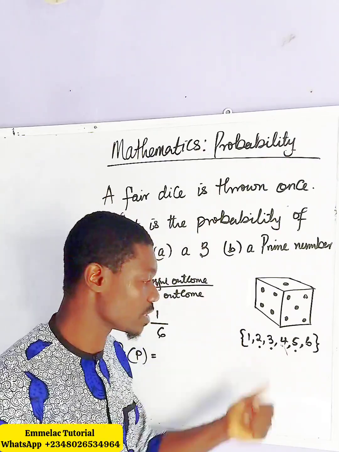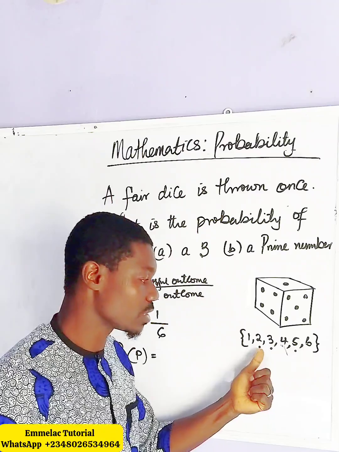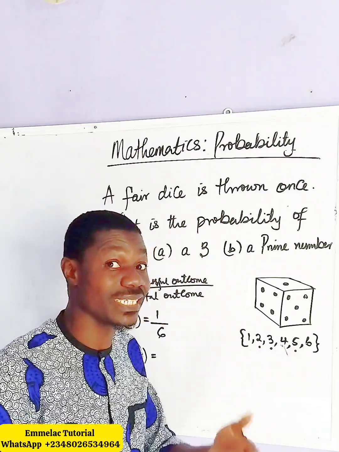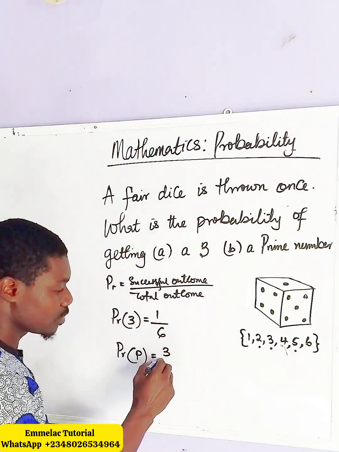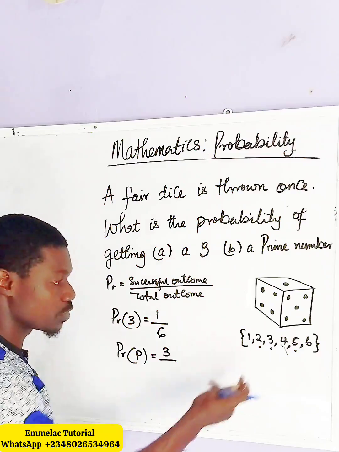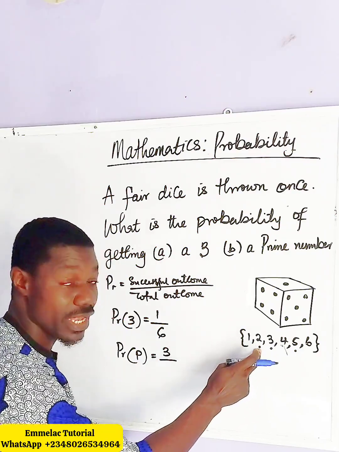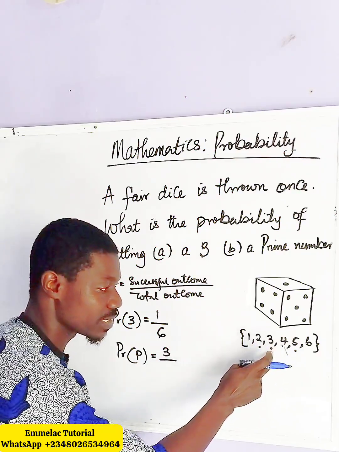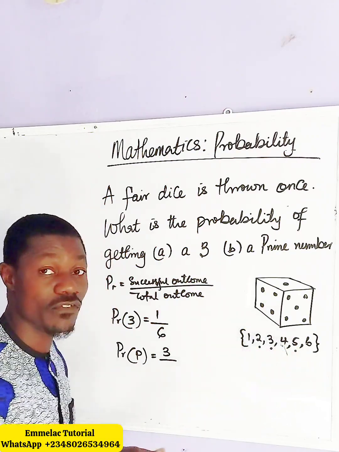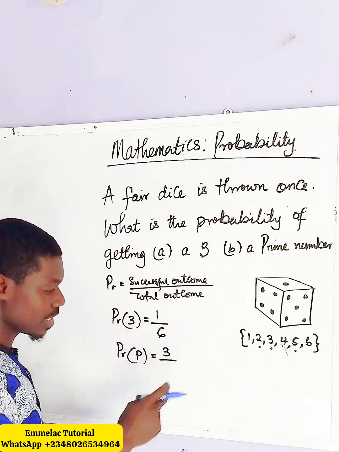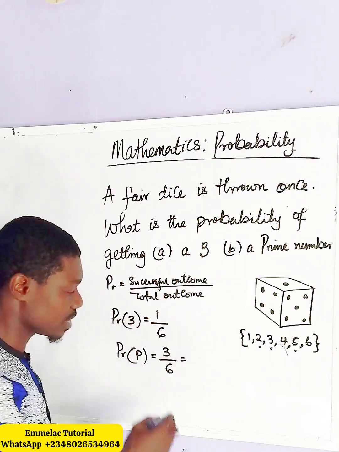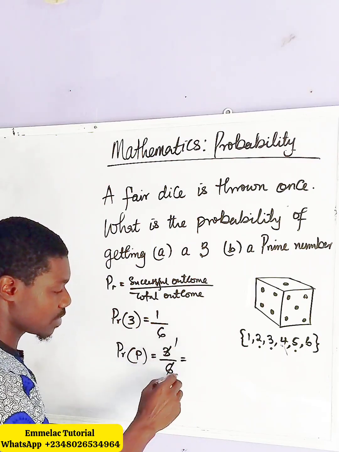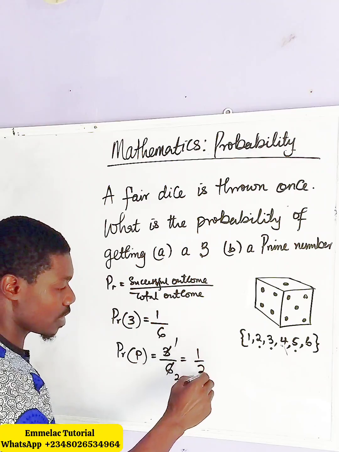It is 3, out of the total. The successful outcome is 3, then the total outcome is 6. Simplifying this, 3 goes into 3 once and into 6 twice, so the answer is 1 all over 2.